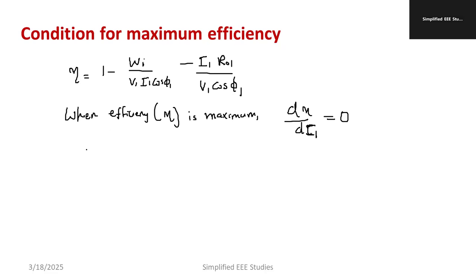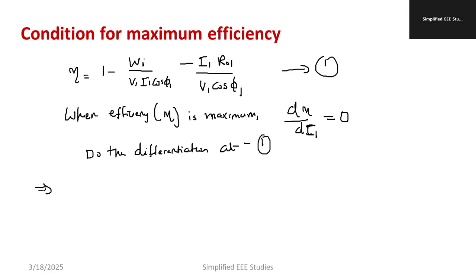Try to do the differentiation. Calling the previous one equation number 1, we write d eta by d I1 equal to 0.